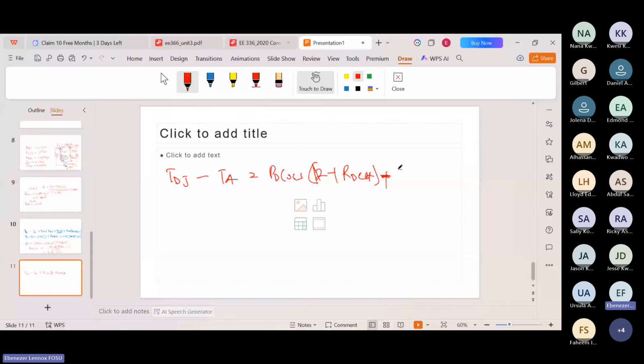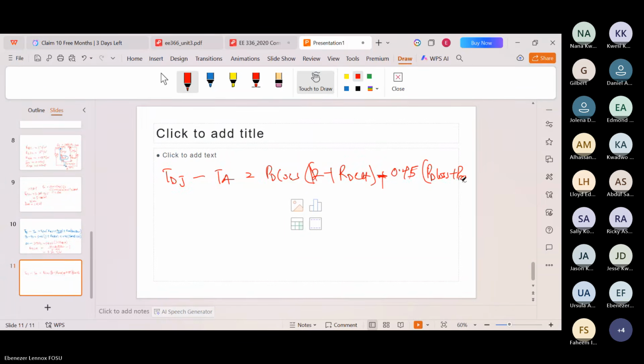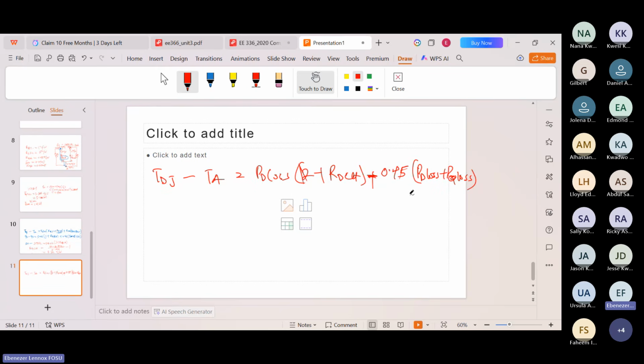So you get 0.45 times the power losses, right? PD loss plus PQ loss. So you are going to get something like this.